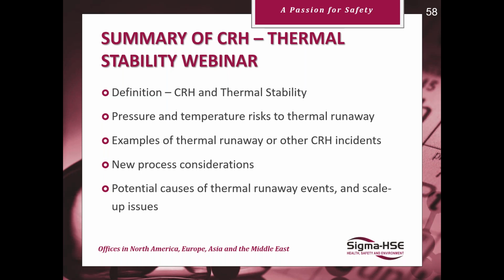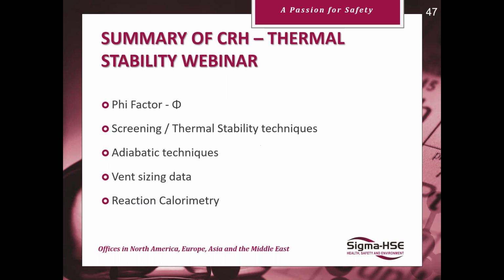We've gone through some examples of worst cases or other CRH incidents, how this links into new process considerations or alterations to a process, and what the potential causes of thermal runaway events and scale-up issues might be. Integral to underpinning all of these, we've got the 5-factor, our kind of screening and thermal stability techniques that we can offer, adiabatic techniques, vent sizing data and how that might apply, and reaction calorimetry.